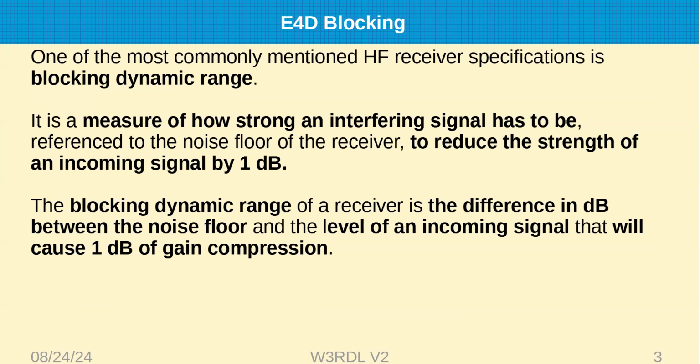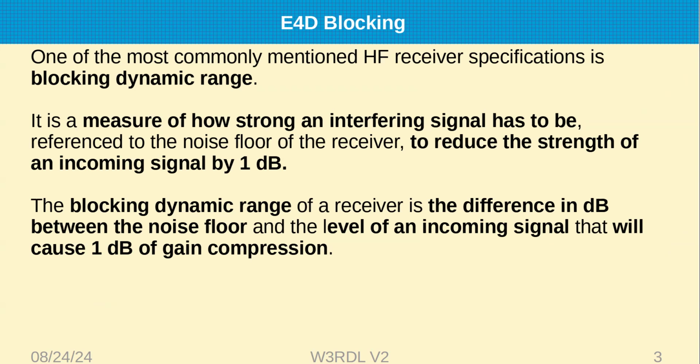Blocking dynamic range is, I guess, a very big deal in receivers. So it's a measure of how strong an interfering signal has to be to reduce the strength of an incoming signal by 1 dB.